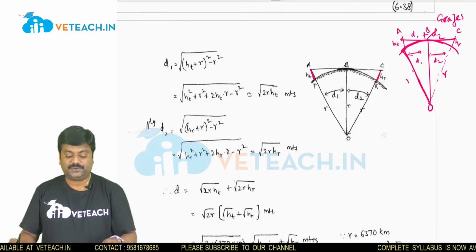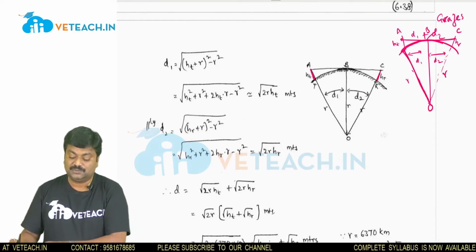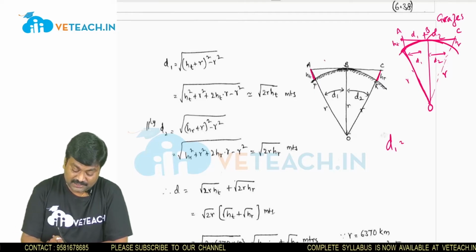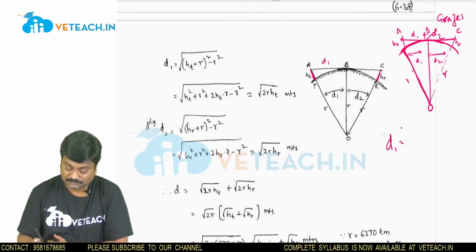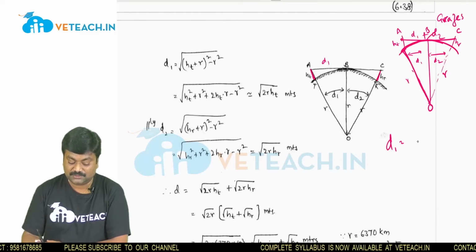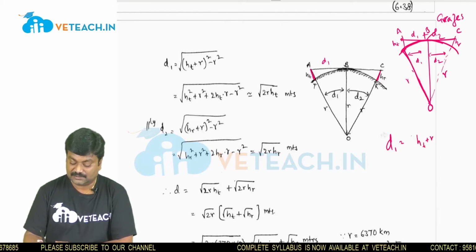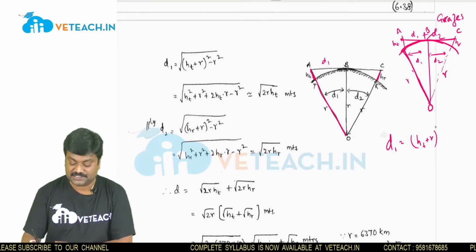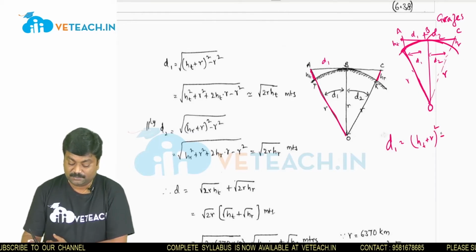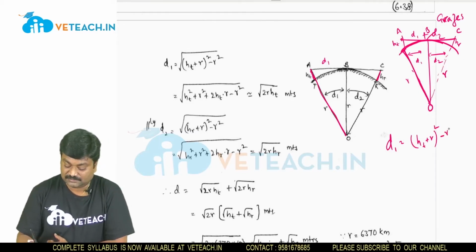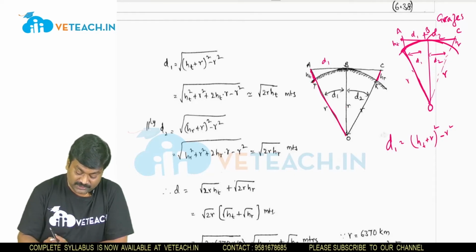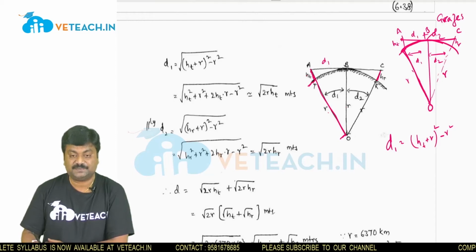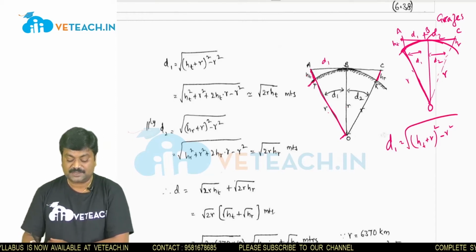Then d1 equals the square root of (ht plus r) whole square minus r square, because I want to calculate only till this region, but I am given the ht plus r value, so I am separating it.